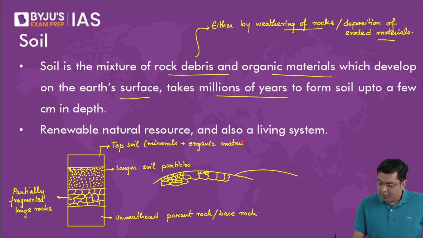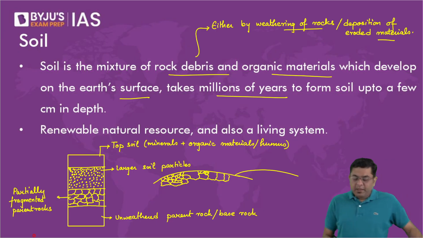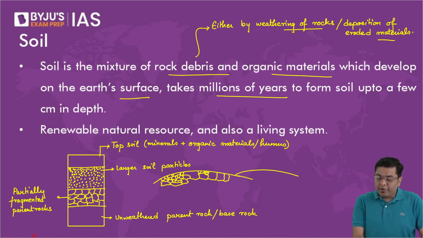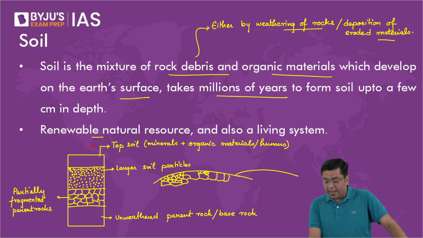This fragmented, or rather than large rocks, let me write here parent rocks. So that is how the entire soil profile appears to look, arranged in various different horizons, and that is a feature that you will find. So it is a kind of renewable natural resource and also a kind of living system out there.